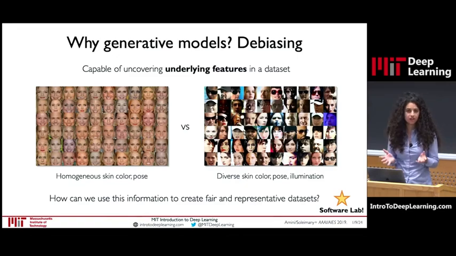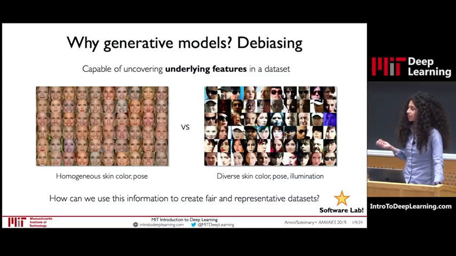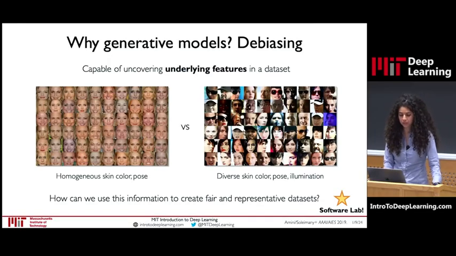The concept here is that the model is traditionally only going to be as good as the data it sees. But if we can use information about what aspects of the data are more represented in the overall population, we could think about how to create more fair and representative data sets based on these learned features. This is something you're going to get hands-on experience with in Lab 2 of the class.